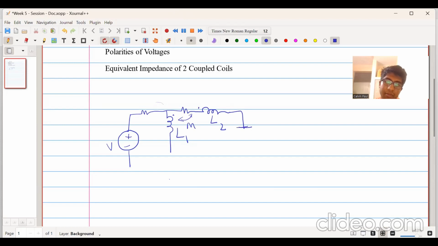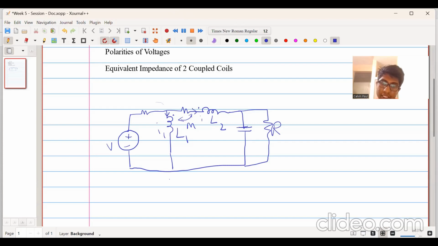So why does such a thing happen? It happens because, as we know, when current flows through an inductor, it will generate magnetic flux. So in case those inductors are close to each other, the flux which is generated by L1 due to some current I1 will induce some voltage in the inductor L2, and that will be reflected.